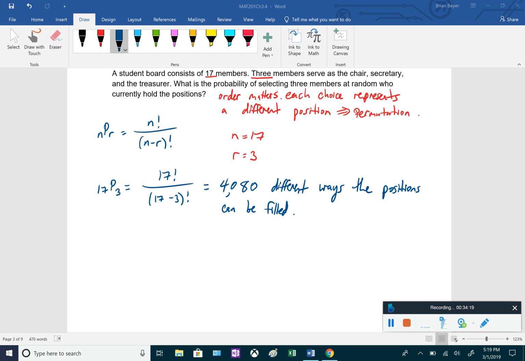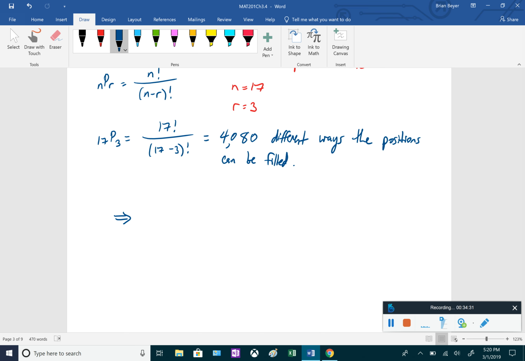So now answering the question here, we did the hard part. We want to know what's the probability of walking into the room and randomly selecting the correct people who belong to those positions. So there's only one correct way to fill the positions. You can only pick the one correct chair, one correct secretary, and one correct treasurer.